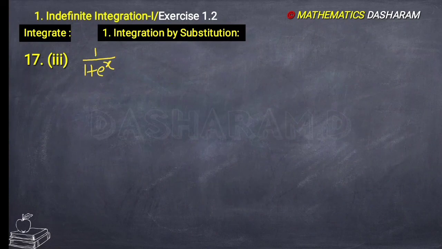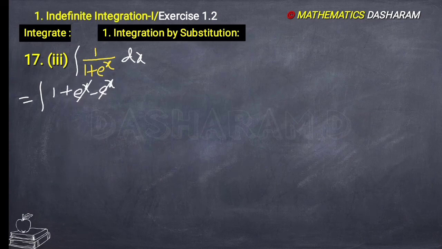Third question, 1 by 1 plus e power x. So a small modification in the question. Here, in the integration, add e power x and subtract e power x, because if it is cancelled then you will get the same numerator. So 1 plus e power x dx.